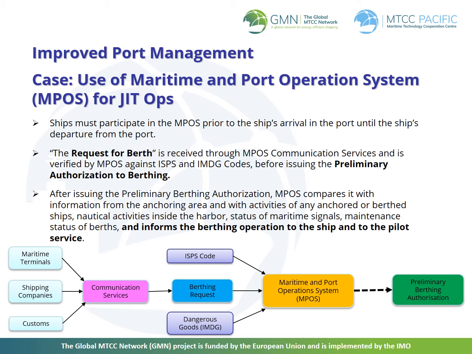Whenever the ship wishes to enter a port, the request for berth is made through communications services, normally internet, well before arrival, and is confirmed by the MPOS against International Ship and Port Facility Security, or ISPS, and the Dangerous Goods Codes before issuing the preliminary authorization for berthing.